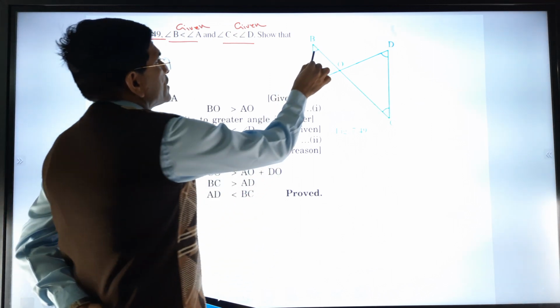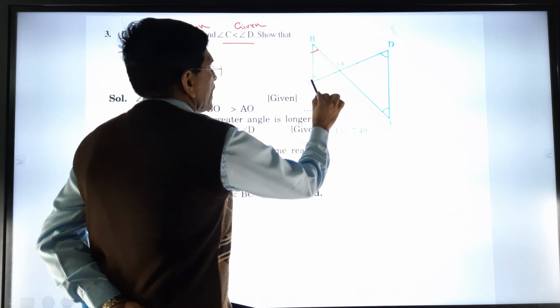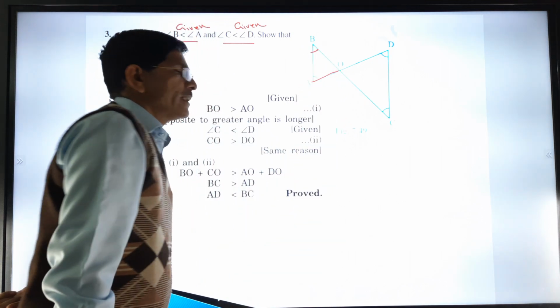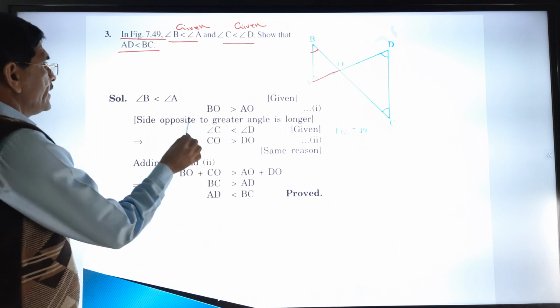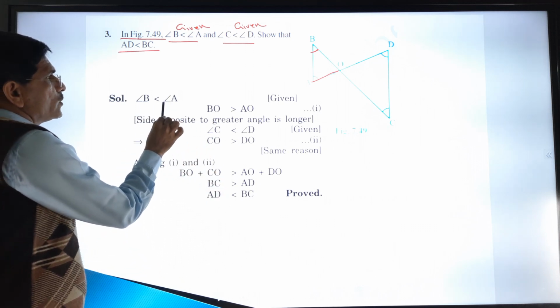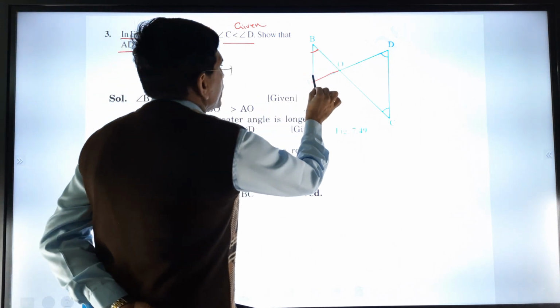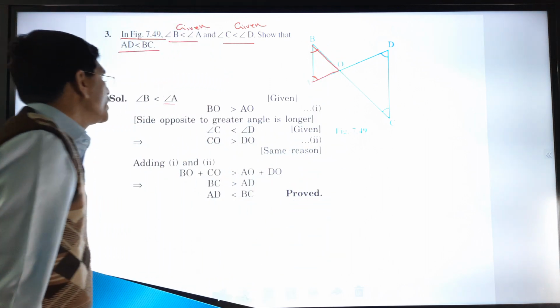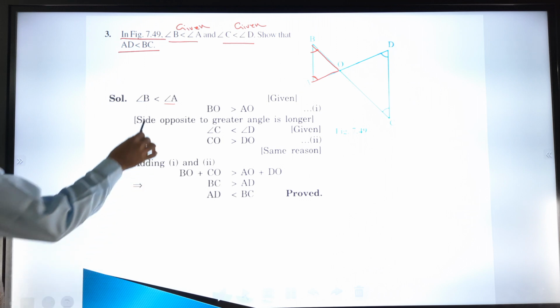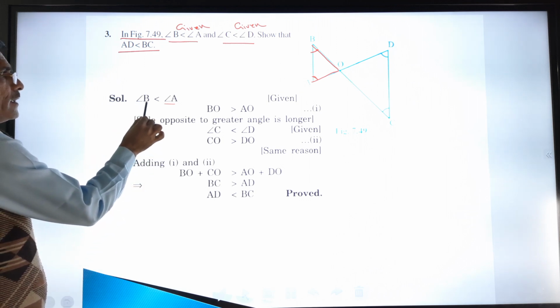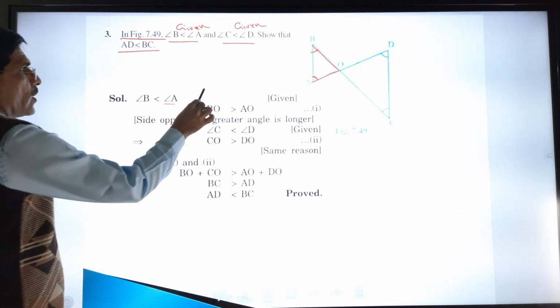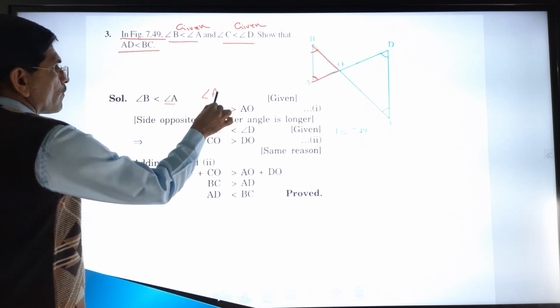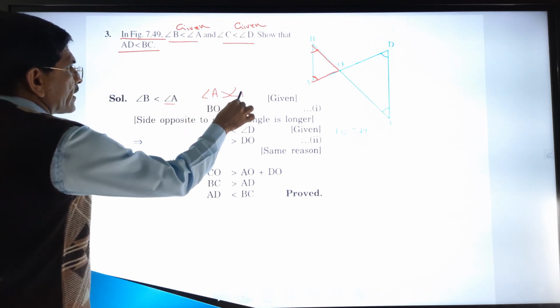Now, opposite of B, what is the side in the triangle? That is AO.